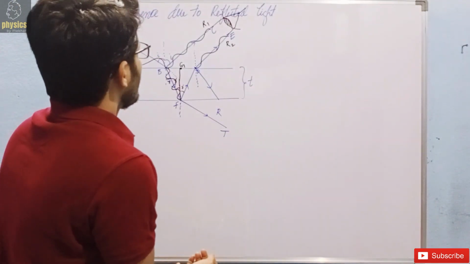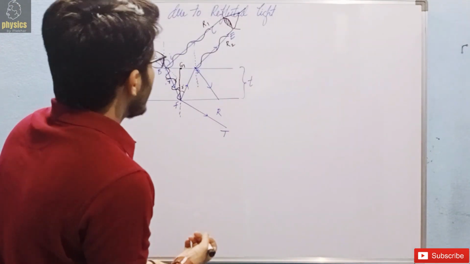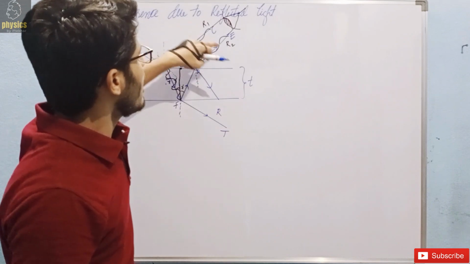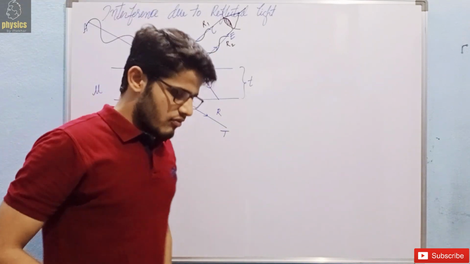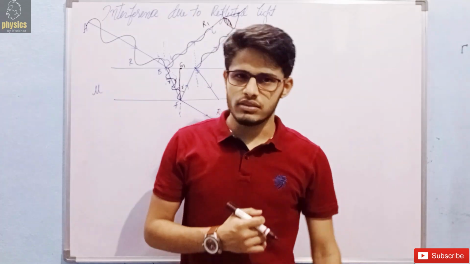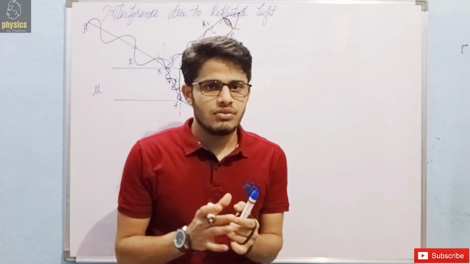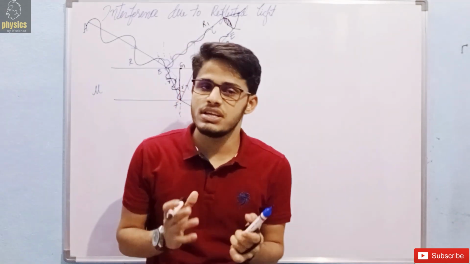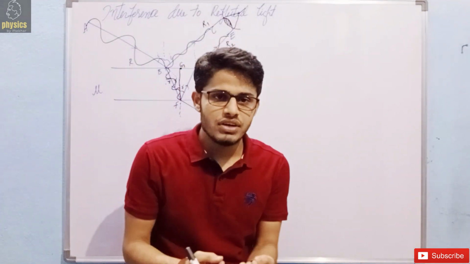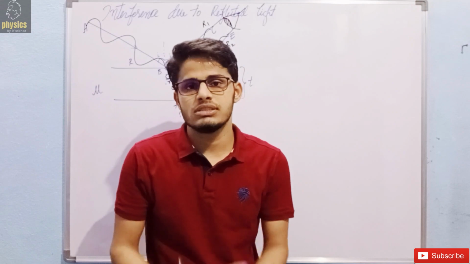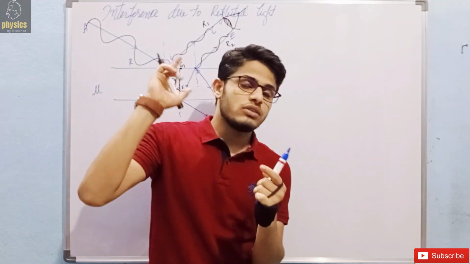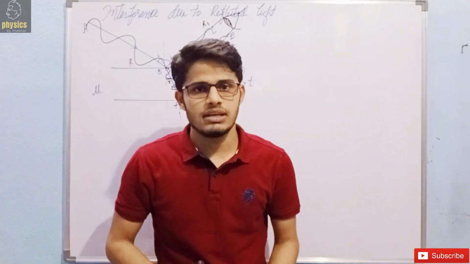Now we will find out the path difference between ray 1 and ray 2. Why do we want to find the path difference between them? Because with the help of the path difference, we can find the condition for the bright fringe and the condition for the dark fringe. Same as we did for the Fresnel biprism and Young's double slit experiment.